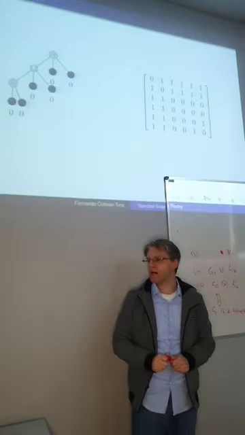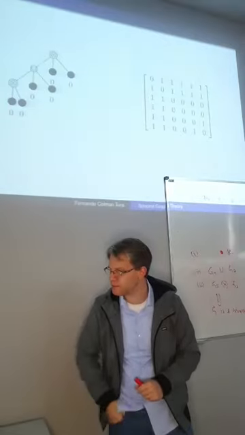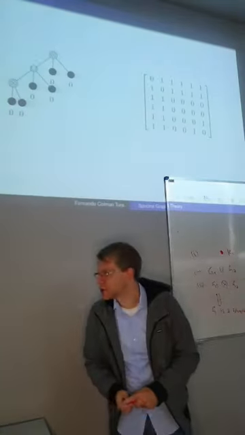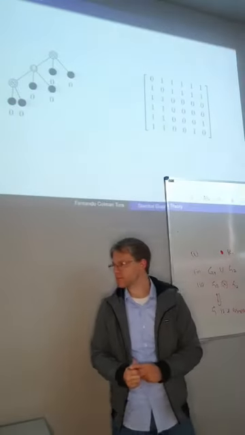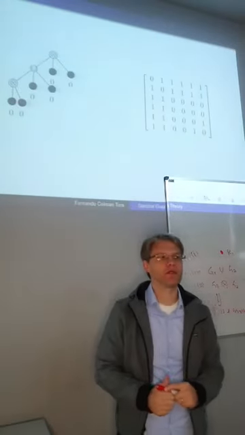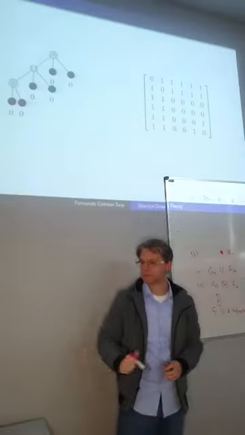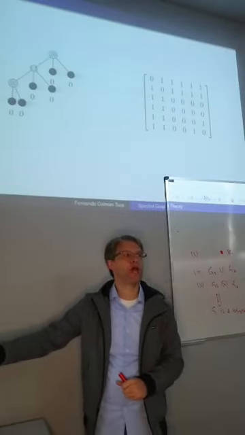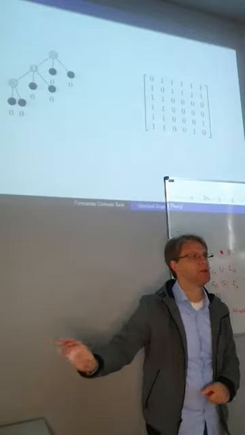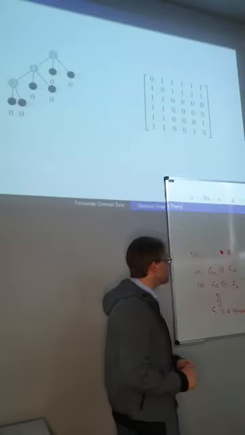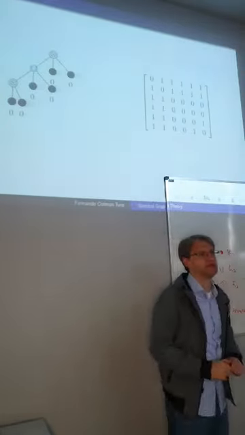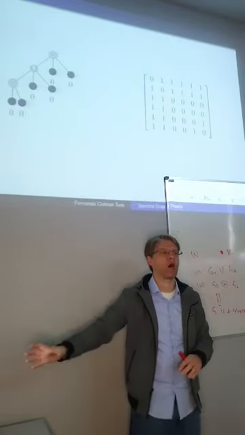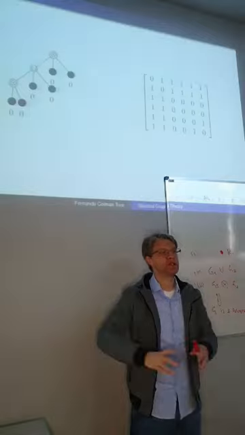Okay. I will try to show an example here. On the left we have a cotree of some graph, and on the right we have the adjacency matrix. In the implementation of the algorithm, we don't need to use it.